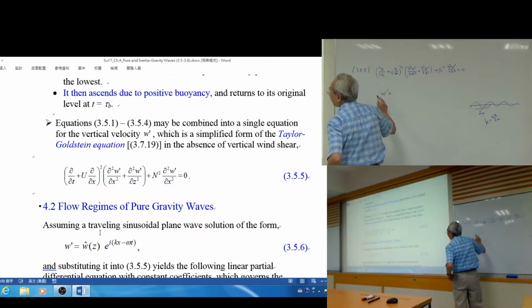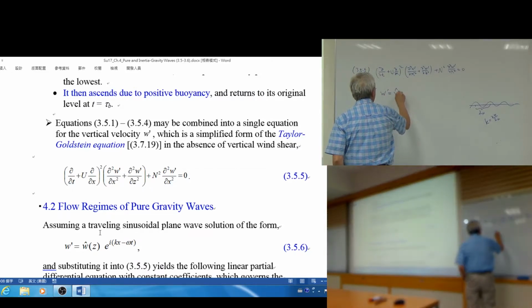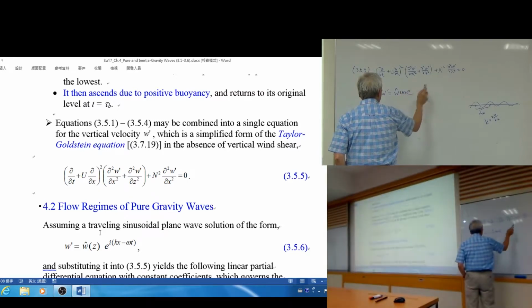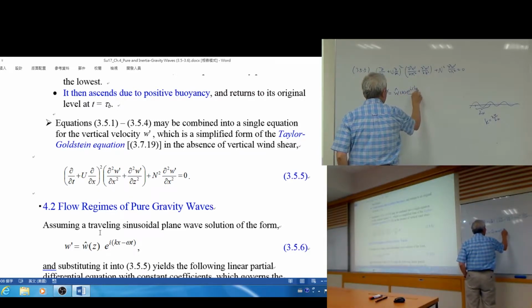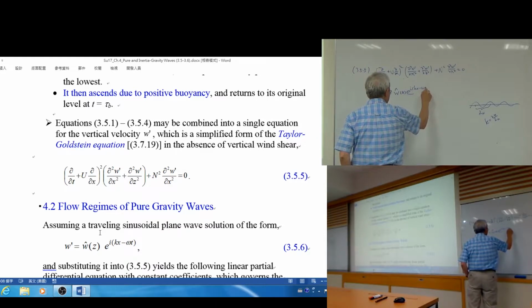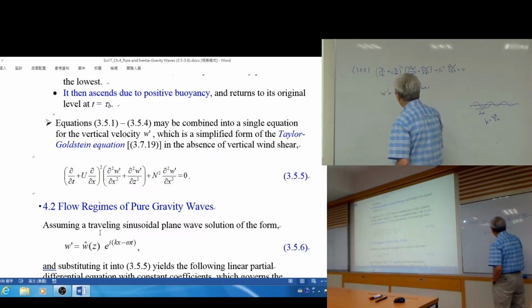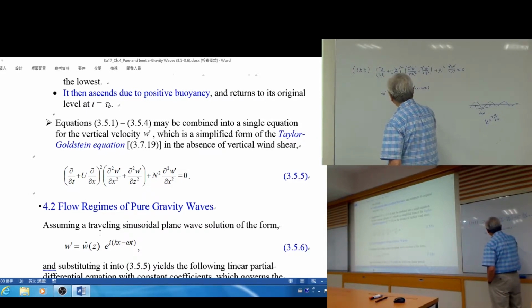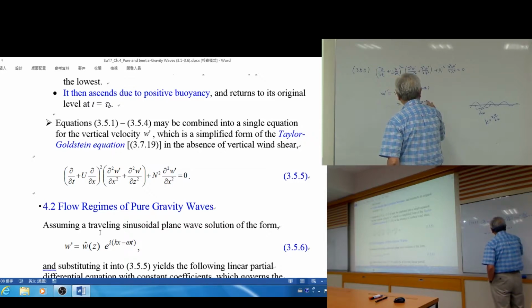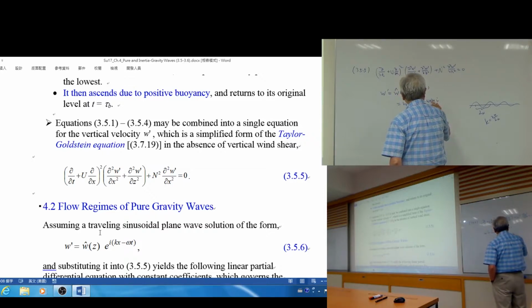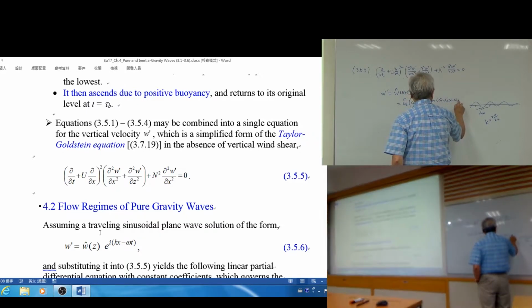So then we have W hat of g in x direction, e to the i(kx minus omega t). As you know, this equals W hat times cosine of (kx minus omega t) plus i sine of (kx minus omega t).